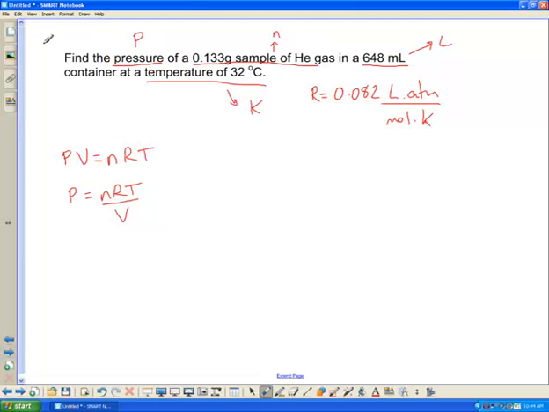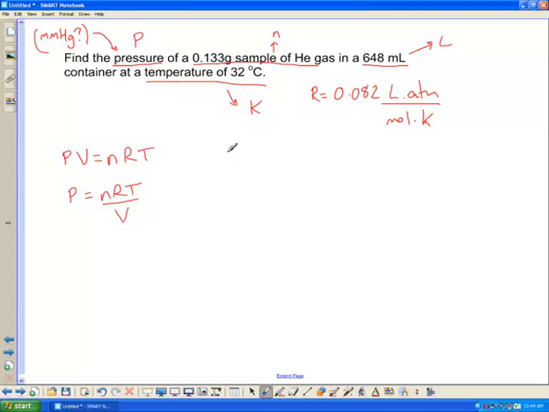All right. And let's make this a little bit more interesting. Let's find this pressure in millimeters of mercury. Anyway, so our n, is our n in moles? Well, no, it's not. Our temperature, is our temperature in Kelvin? No. Is our volume in liters? No. So actually we have to convert every variable.